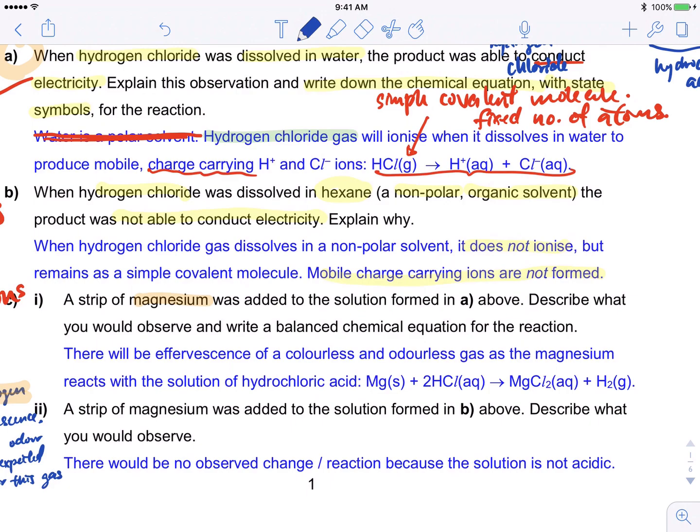Okay, so what will we observe? Effervescence of colorless odorless gas as it reacts, and this is the equation.